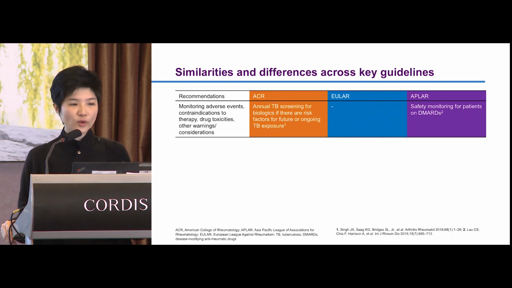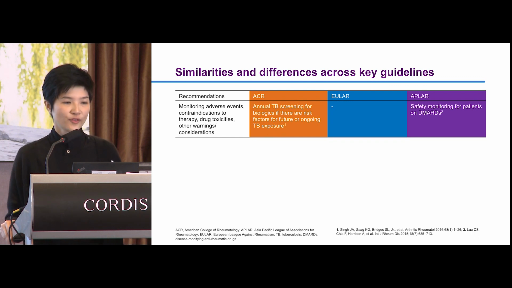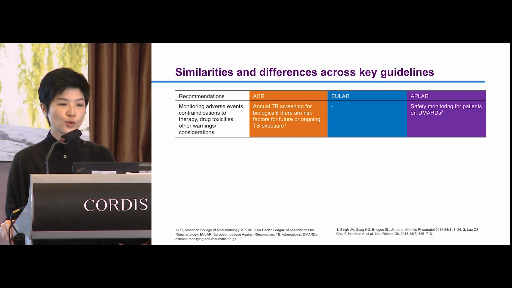So let's look at monitoring adverse events, contraindications to therapy, drug toxicity, and other warning considerations. ACR highlights annual TB screening for biologics if there are risk factors for future or ongoing TB exposure. EULAR didn't mention anything concerning this, and APLAR highlights the safety monitoring for patients on DMARDs.